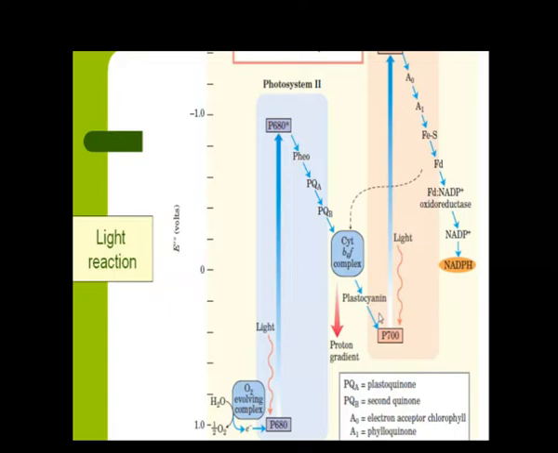There is cytochrome BC, right? Here this is cytochrome B6F. In this case also, ferredoxin was there, okay? And here, FNOR, that is ferredoxin NADP plus oxidoreductase. These are similar components.